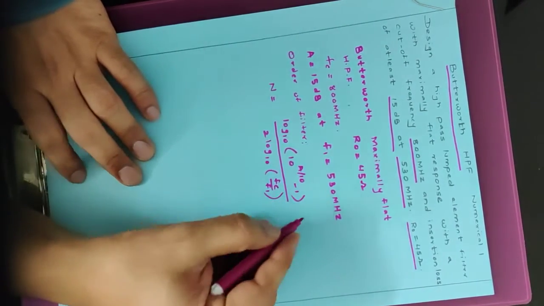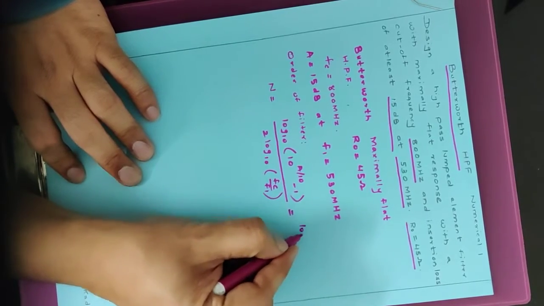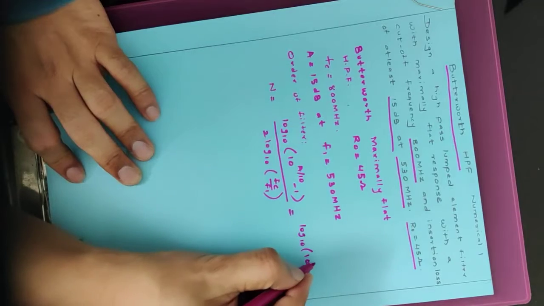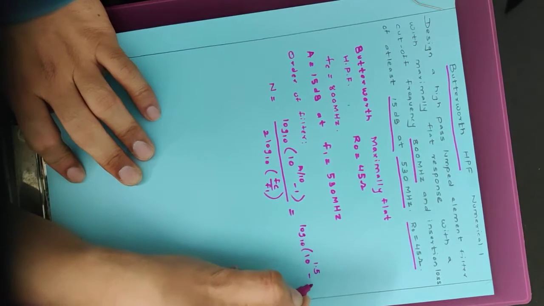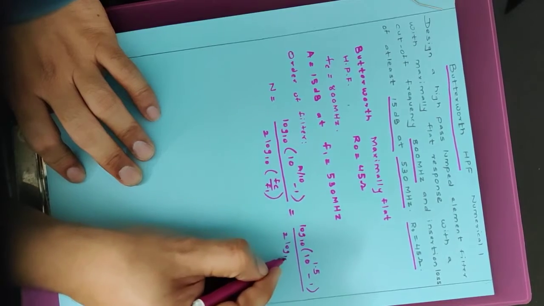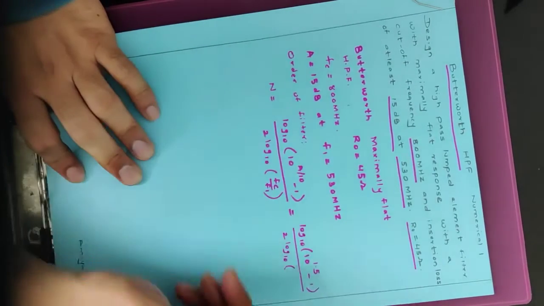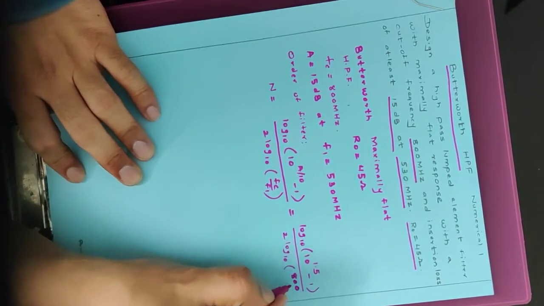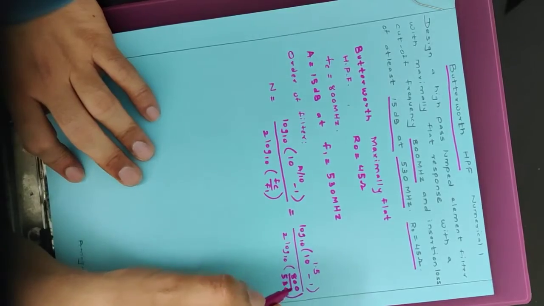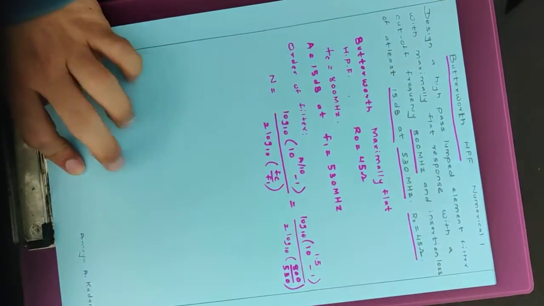So we'll substitute the data over here. So it will be log to the base 10, 10 to the power A by 10, so this will become 1.5, minus 1, divided by 2 log to the base 10, and FC 800 and F1 530. This factor should be always greater than 1. So we'll calculate this thing.